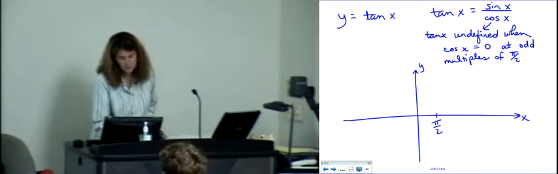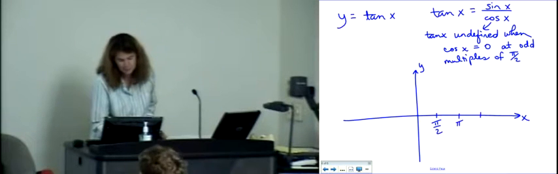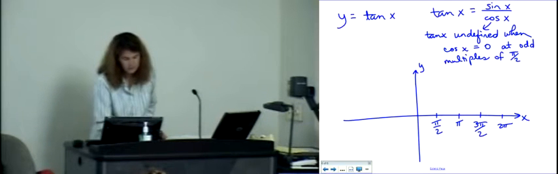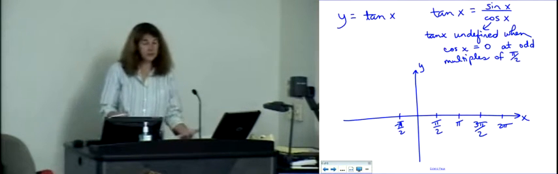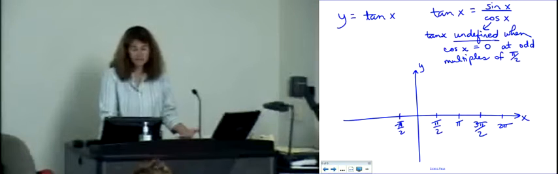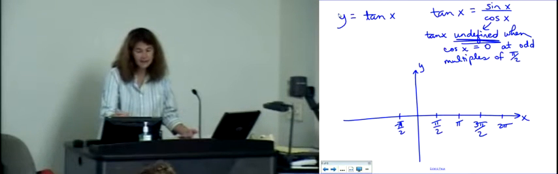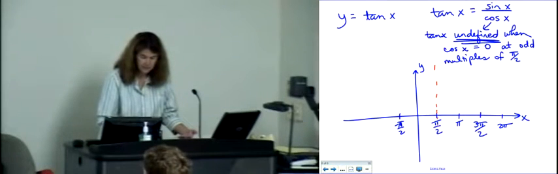Okay, so let's put my general graph back up here. All right, so at odd multiples of pi halves, this tangent is going to be undefined. So we're going to put in some vertical asymptotes.